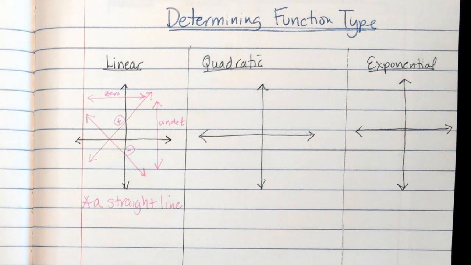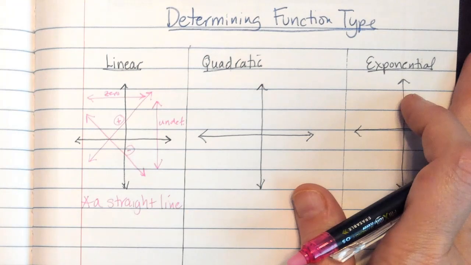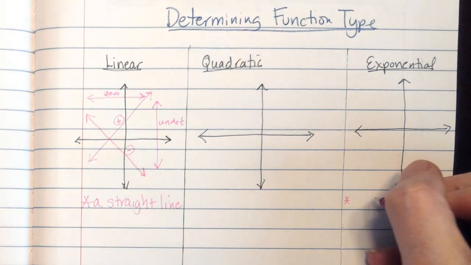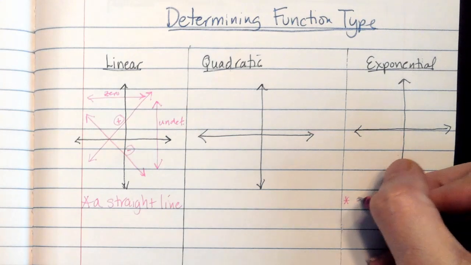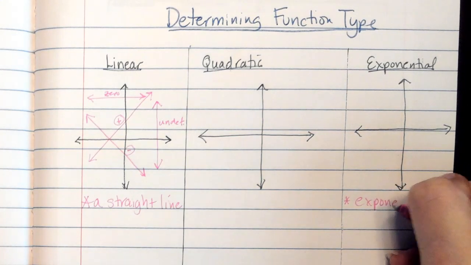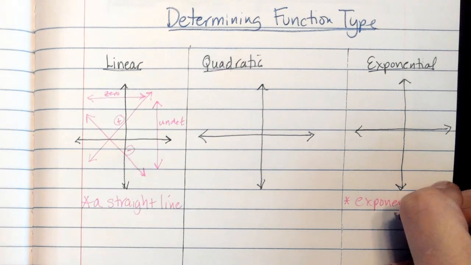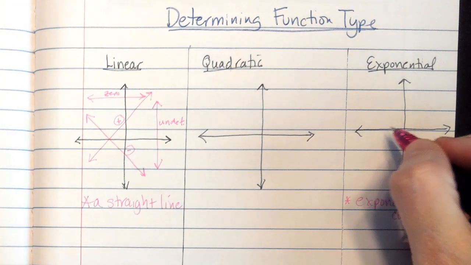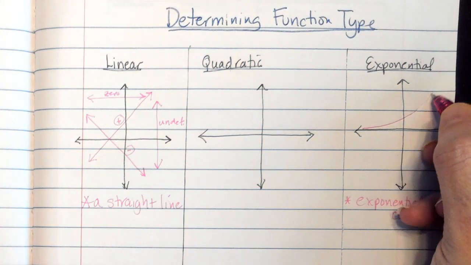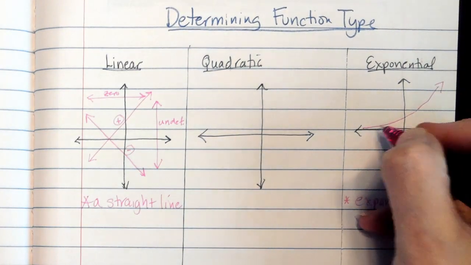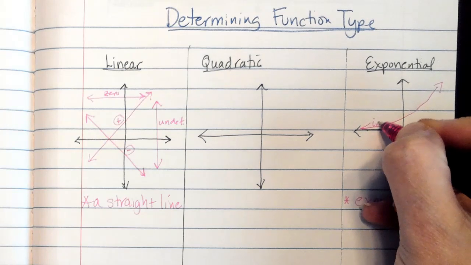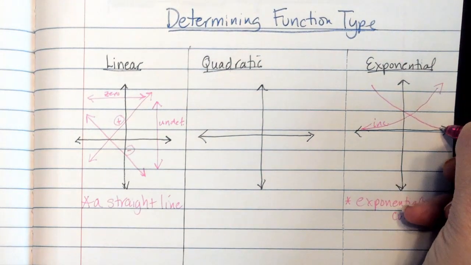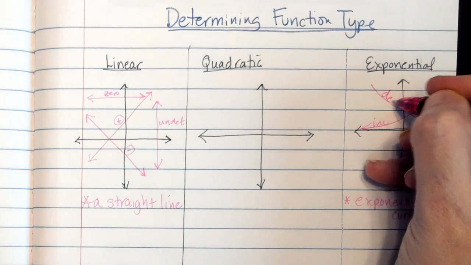Now let's jump over to exponential because that's the one that we have actually seen before. An exponential function has something called an exponential curve. If you recall, we had increasing, and that exponential curve kind of looked like that if it was increasing, and if it was decreasing, it looked like that.